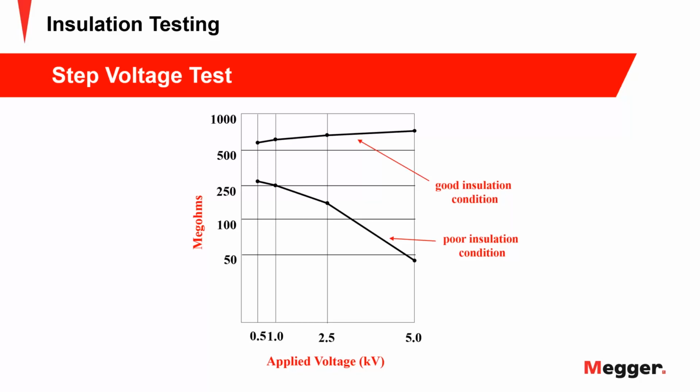And this is particularly good for old, dry, brittle insulation like you get sometimes in motor windings. If you do a spot reading test, that insulation doesn't have a lot of moisture.